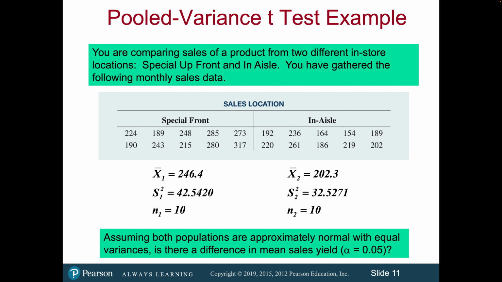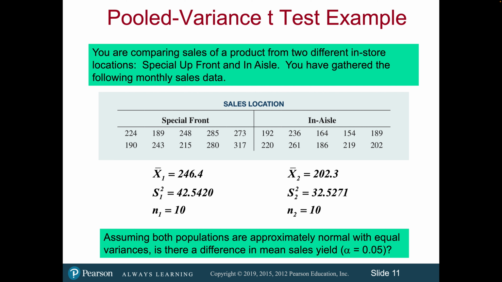Well, that's true for these 10 measurements, but we want to make a generalization to all of these types of marketing campaigns, all special front versus all in aisle. So we're generalizing to a bigger population here, in a broader statement, not only for this sales location and these 10 measurements from each.